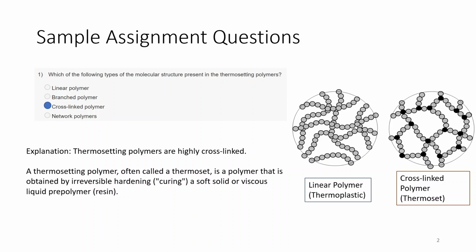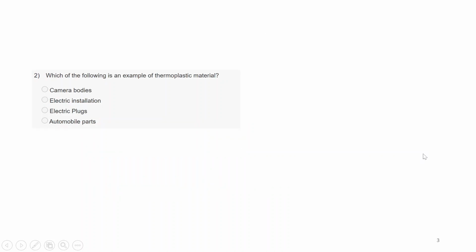A thermosetting polymer, often called a thermoset, is a polymer that is obtained by irreversible hardening, curing a softening solid or viscous liquid pre-polymer, which is known as resin. This process is known as curing. Also, these are the structures for linear polymers and thermoplastics, and this one is the cross-linked polymers for thermosets.